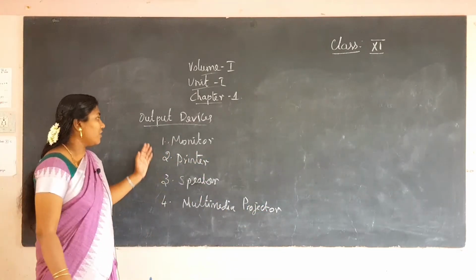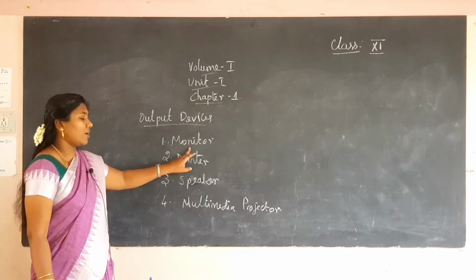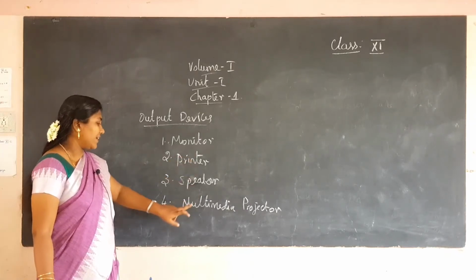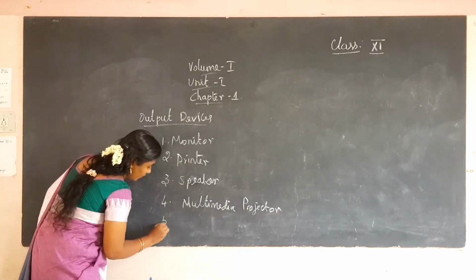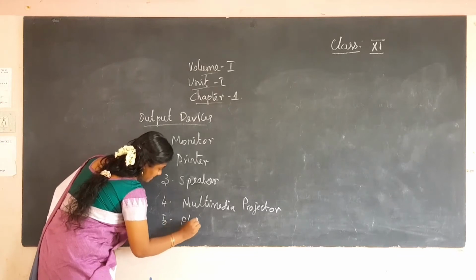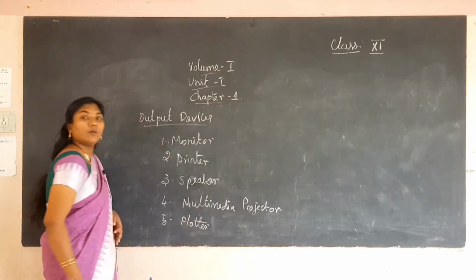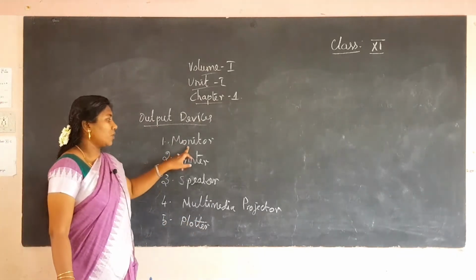Okay, so these are the output devices: monitor, printer, speaker, multimedia projector and plotter.